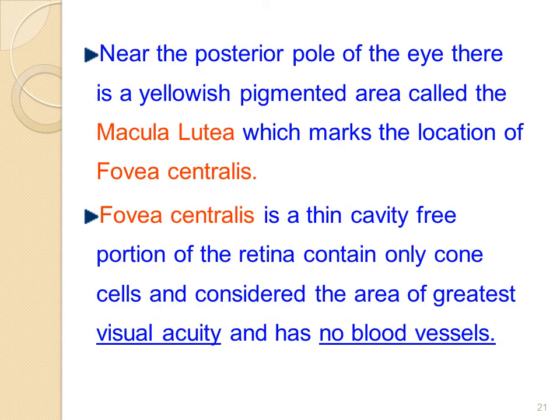Near the posterior pole of the eye, there is a yellowish pigmented area called the macula lutea, which marks the location of the fovea centralis.